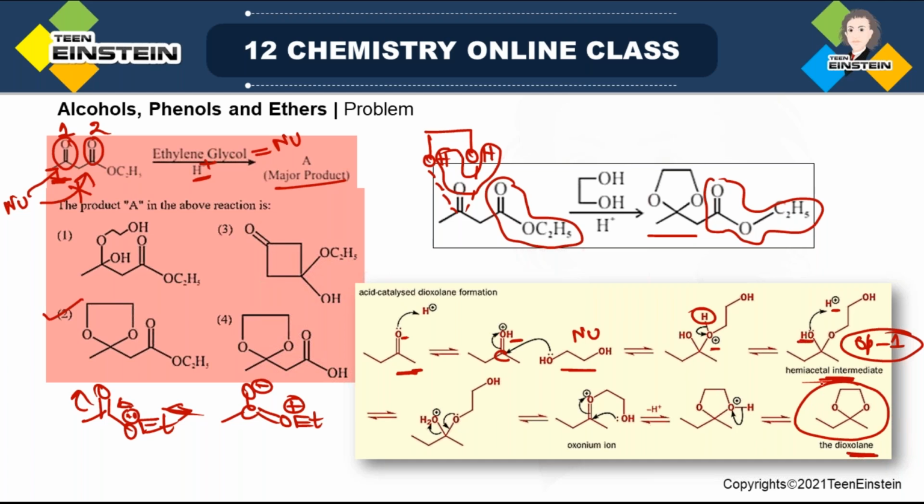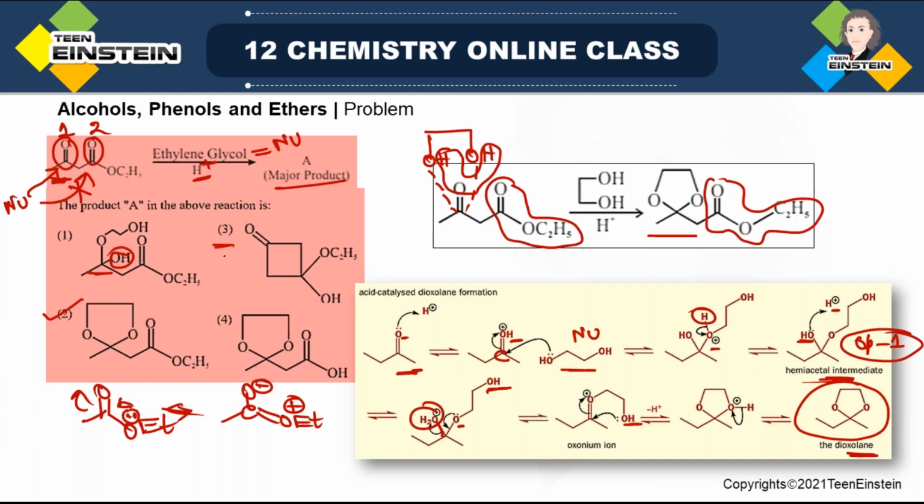So this OH, the other OH, will again be protonated. Again this carbon-oxygen bond will be broken. And finally, what will happen? This lone pair is again making a C=O double bond, and ultimately this H2O is removed, but another nucleophile is attacking. So that is the reason this is not the end product. This is just the intermediate. So option 1 is not correct.